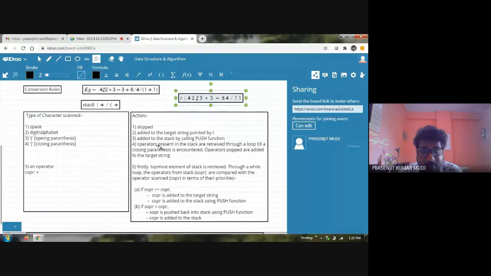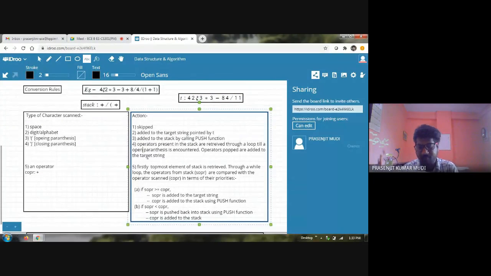See, operators present in the stack are retrieved through a loop till an opening parenthesis is encountered. I think this should be open. This should be open. But opening parenthesis is encountered. So operators popped are added to the string.